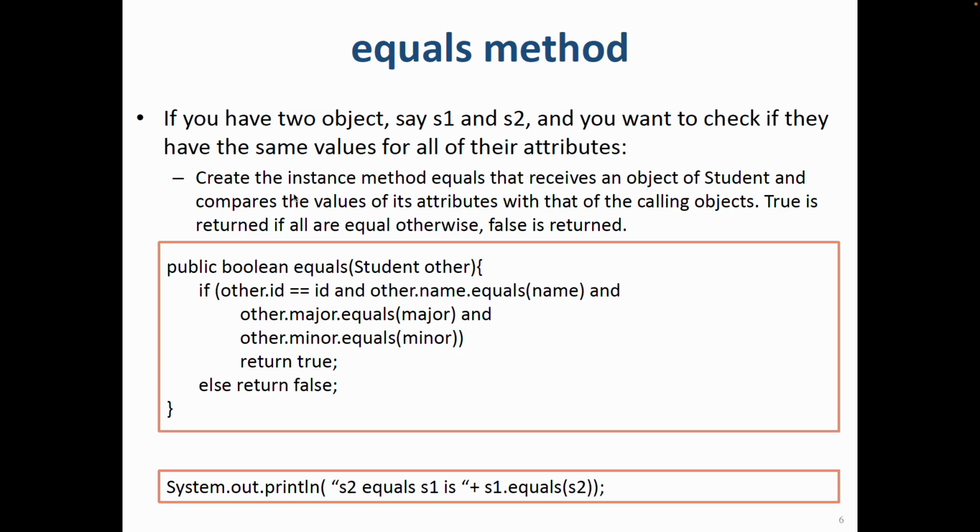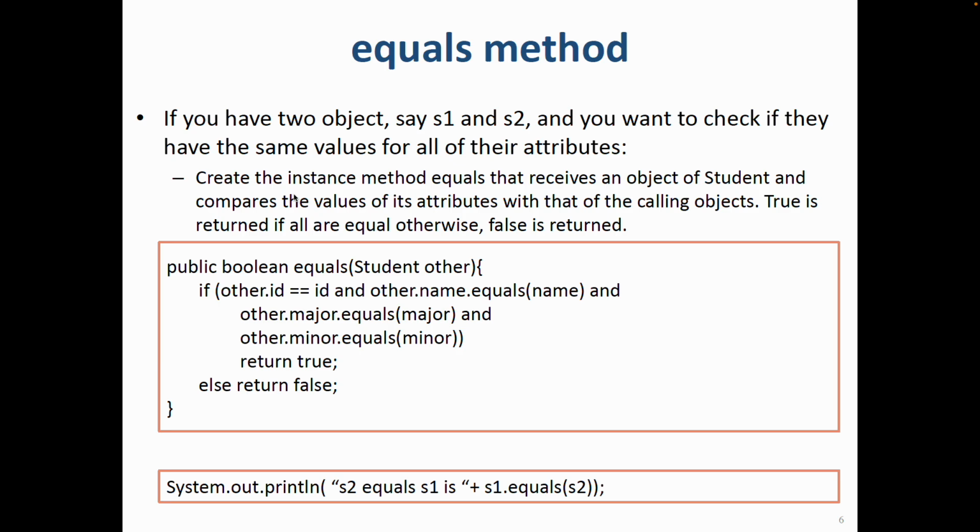But for the string class, if you remember, like two strings, are they equal or not? If I use the double equal sign, it would compare their memory addresses. The string class has its own already implemented equals method.